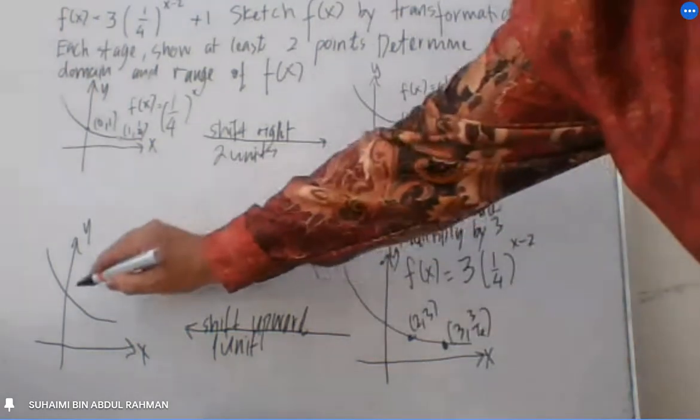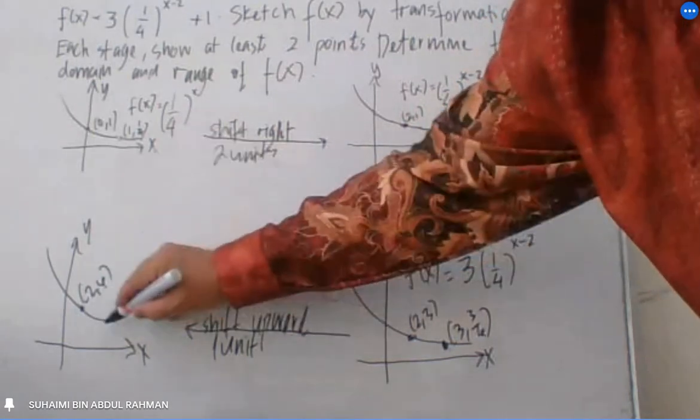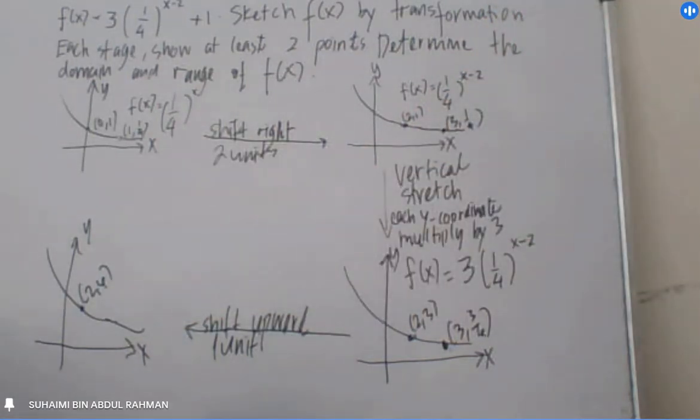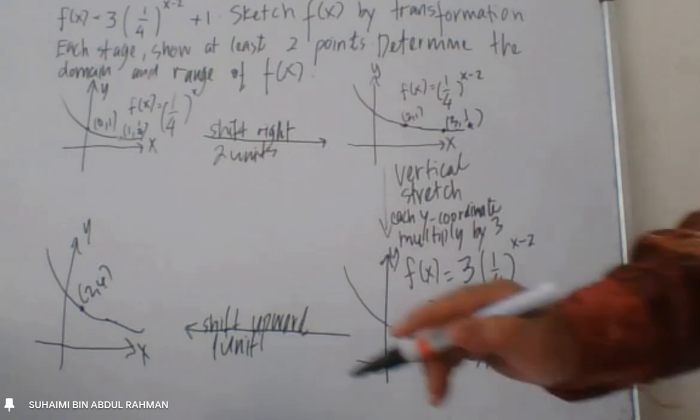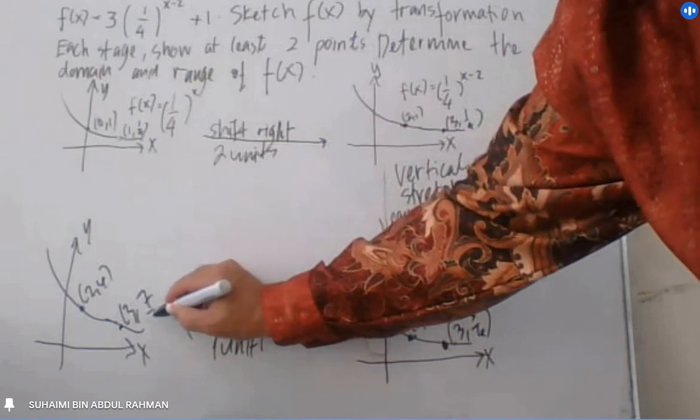The point 3, 3/4 will go to the point 3, 7/4.